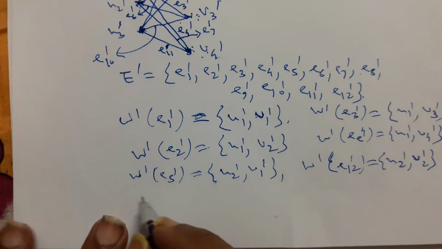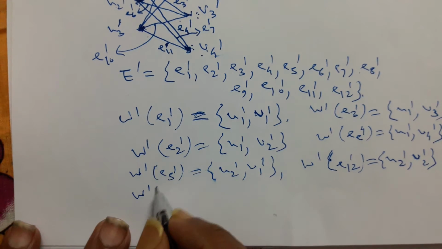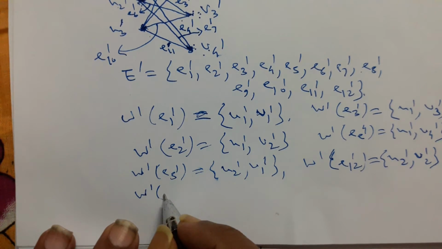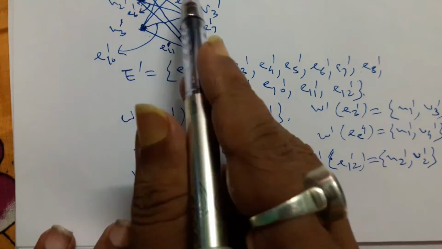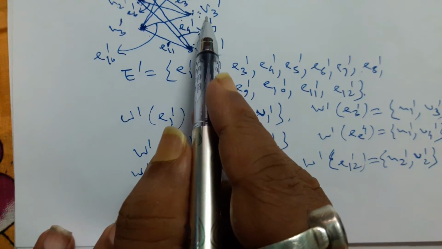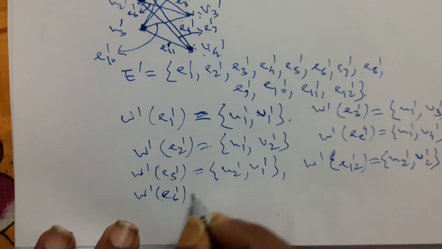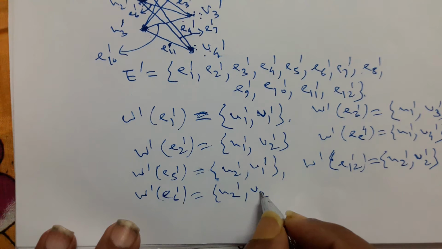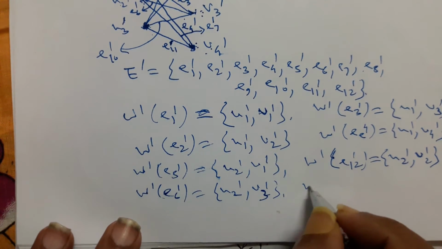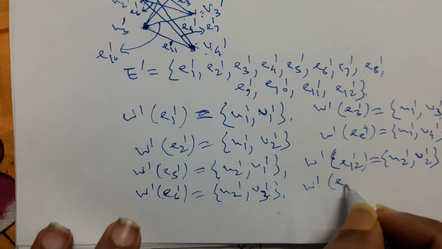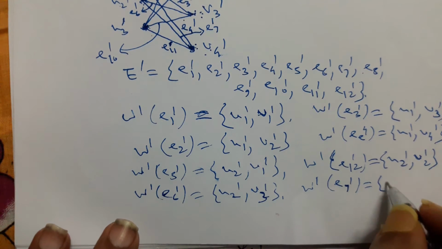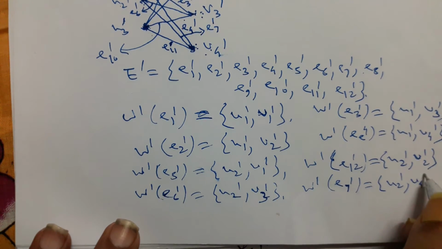Here is the arbitrary name, omega dash of u2 dash v2 dash. Now u2 dash v3 dash, that is e6 dash, that is u2 dash v3 dash, and omega dash of e7 dash, that will be u2 dash and v4 dash.